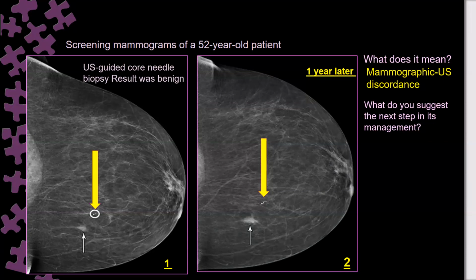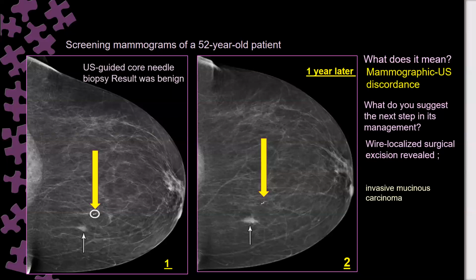We discussed the same things in the previous case in the group. Do you remember that? So we went for localized surgical excision, and it revealed invasive mucinous carcinoma in that case.